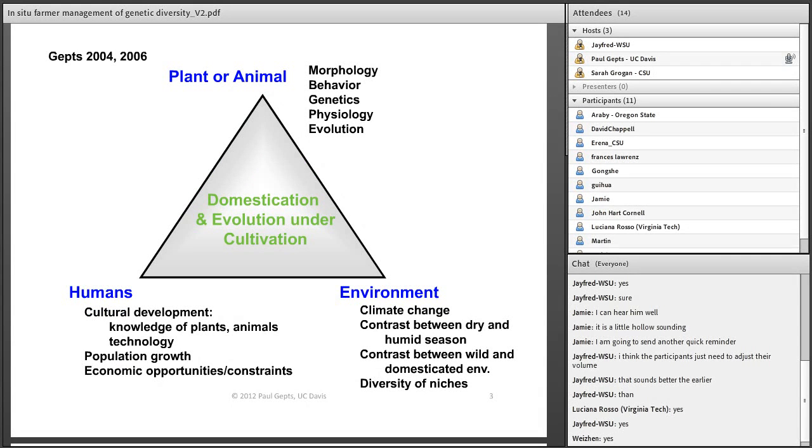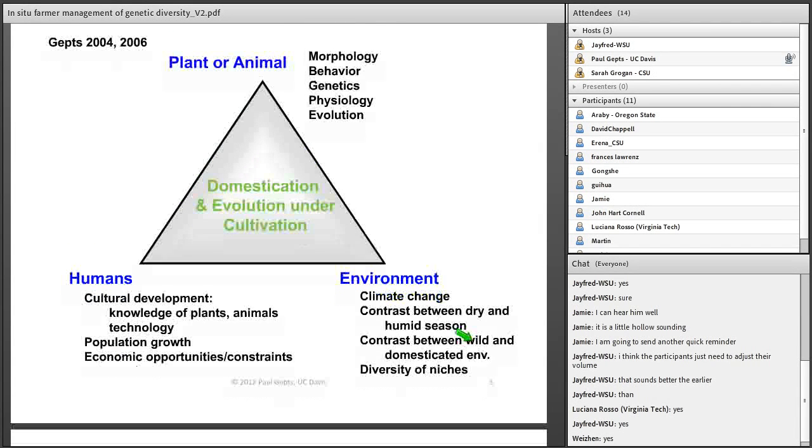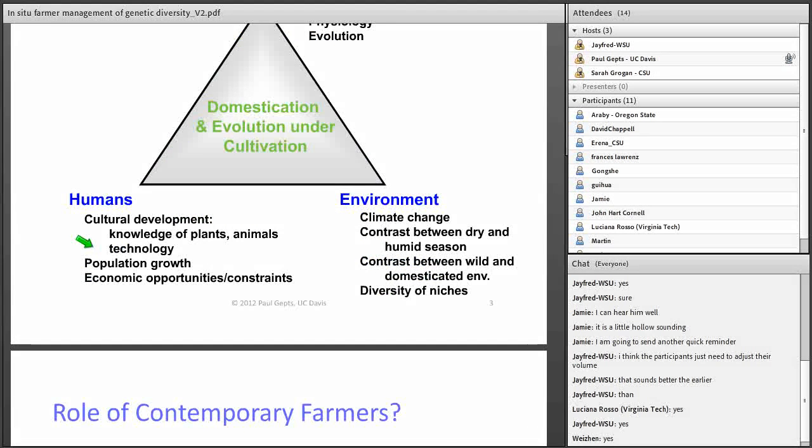And the extent of the genetic changes depends on factors that are related to the plant or animal themselves. I'm showing here a few, such as morphology, behavior specifically for animals, but also genetics, physiology, the capacity to respond to evolution, and so on.